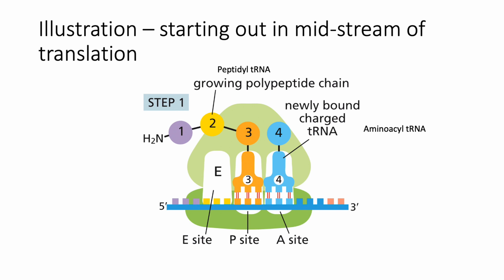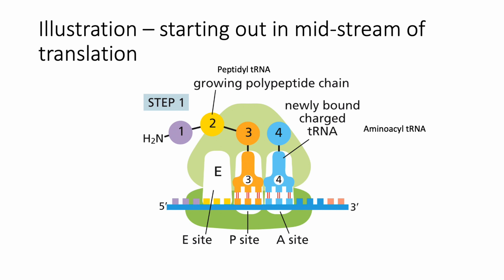So this is illustrating an outline of what happens during protein synthesis, during translation of the messenger RNA. You see the large subunit and the small subunit. We're looking at midstream, okay? Things have already happened. Why do I say things have already happened? Because if you look at the P site, there's a transfer RNA that has 3 amino acids attached to it.